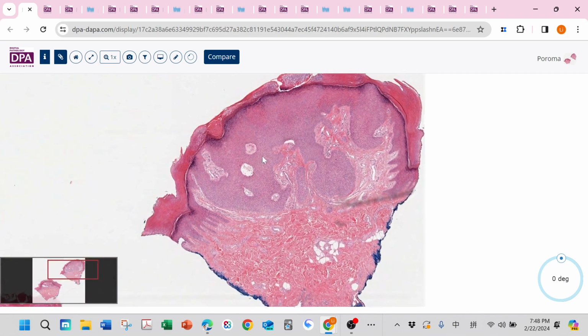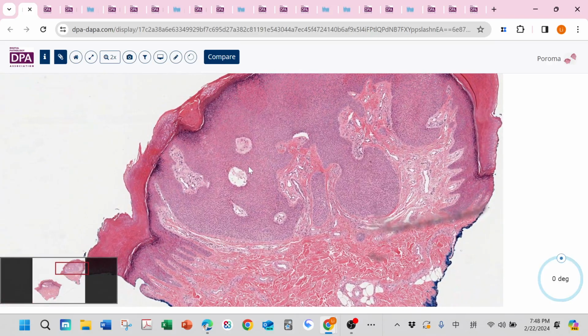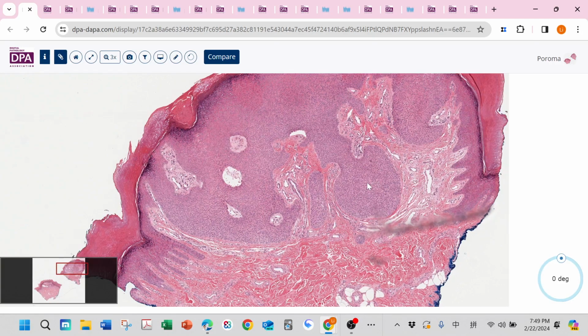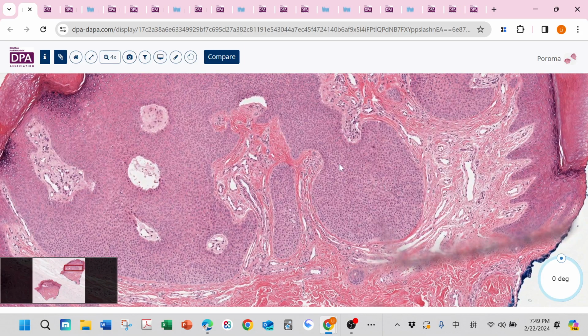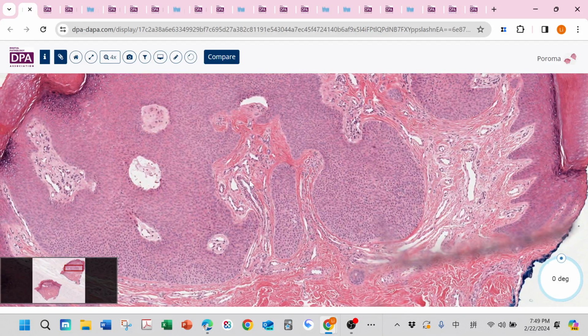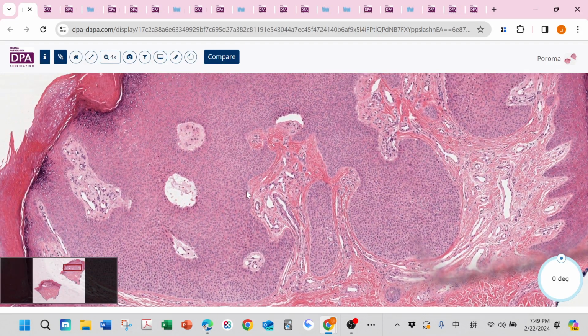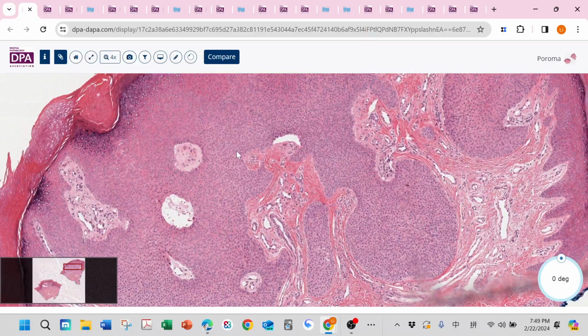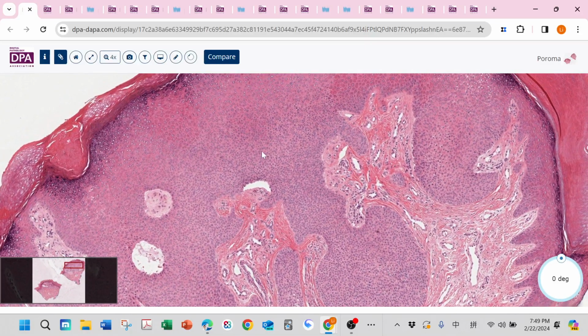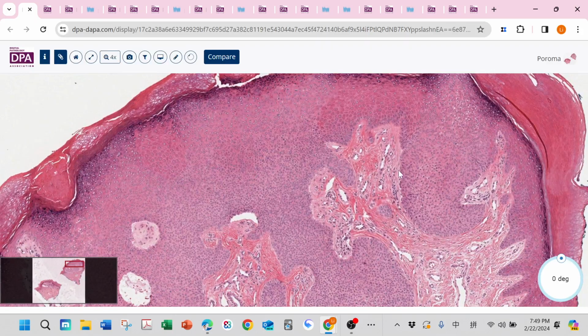And when we look, still in low power, we can see this poroma stroma with dilated blood vessels and hyalinizing stroma, really characteristic. Then we already know the cells are kind of monotonous. Another important thing is we need to try to find any eccrine duct differentiation.